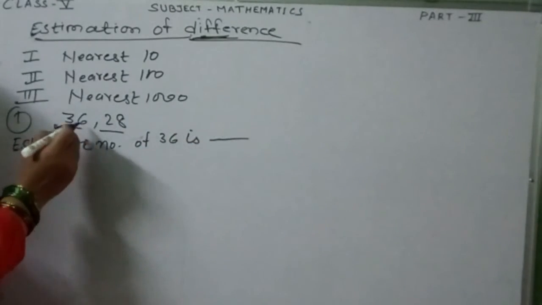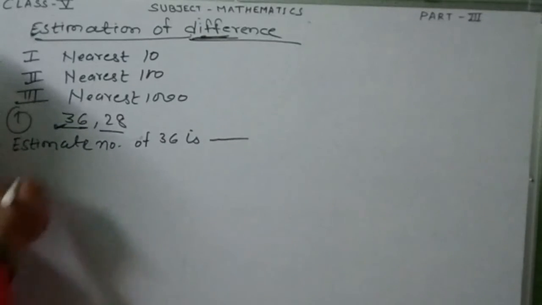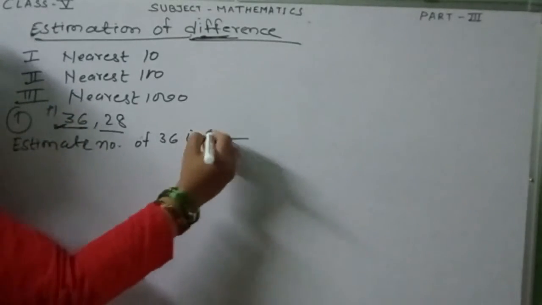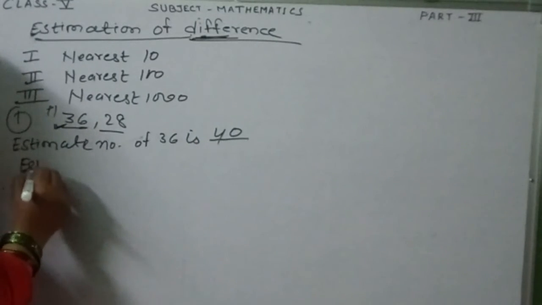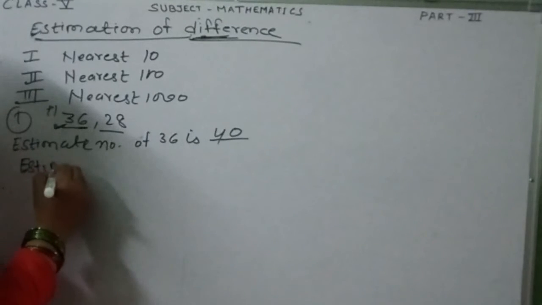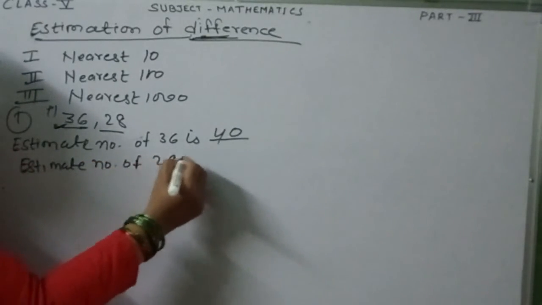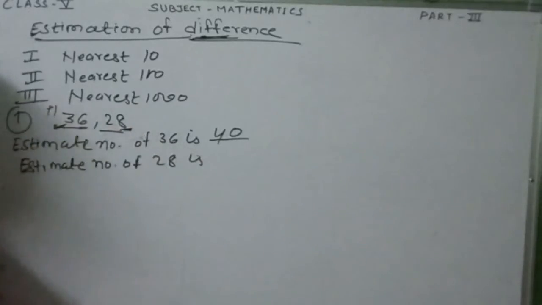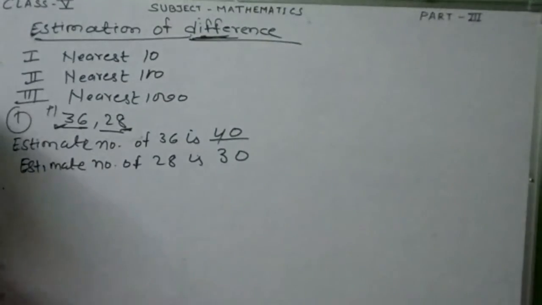Compare here: the ones digit is 6 and 6 is greater than 5. So we will add 1 here, that is 4 and 0. Same way, the estimated number of 28: here 8 is greater than 5. So we will add 1 and this one will be 0.